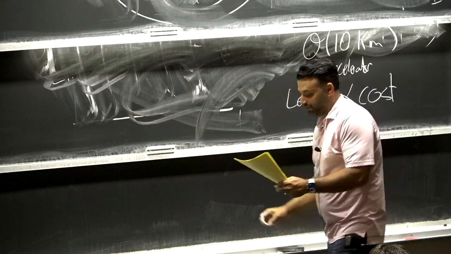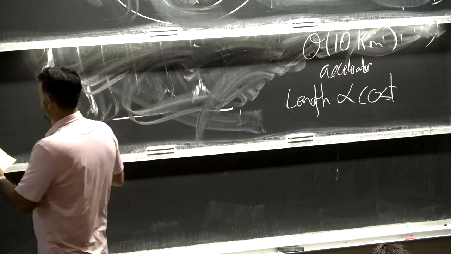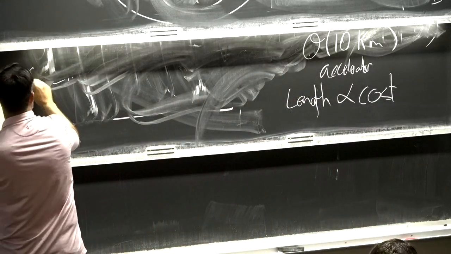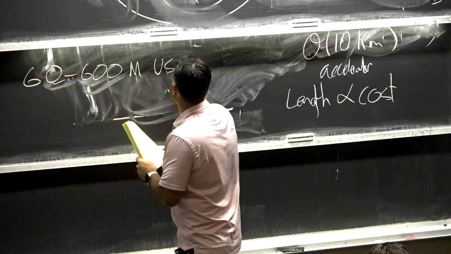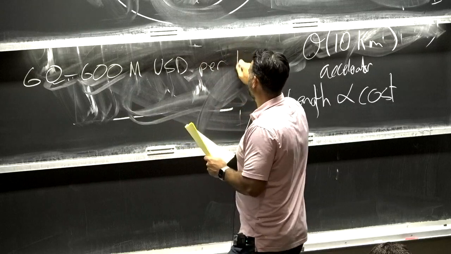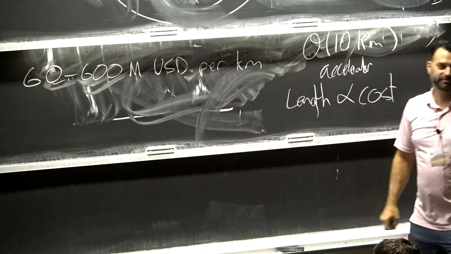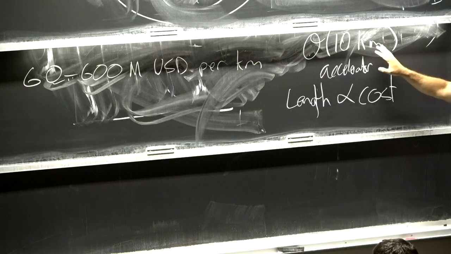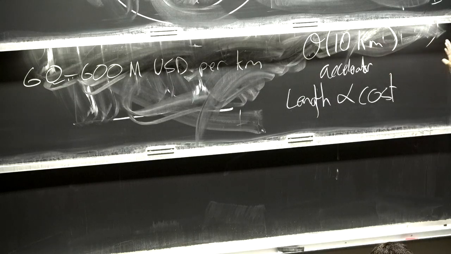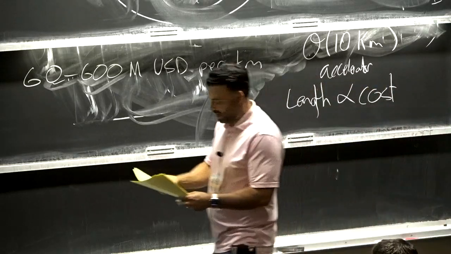To give you a scale, it's roughly 60 to 600 million US dollars per kilometer to dig a tunnel. 10 kilometers is roughly saturating what you're going to go and ask any politician for. So this gives you an idea, and then we'll come back to this.